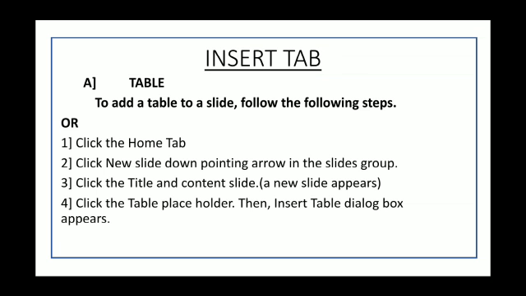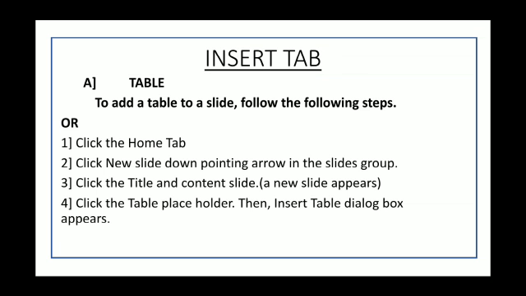In that, the table placeholder is there. Then the Insert Table dialog box appears. In the Title and Content slide, which you select from the slide layout, you get a table placeholder.